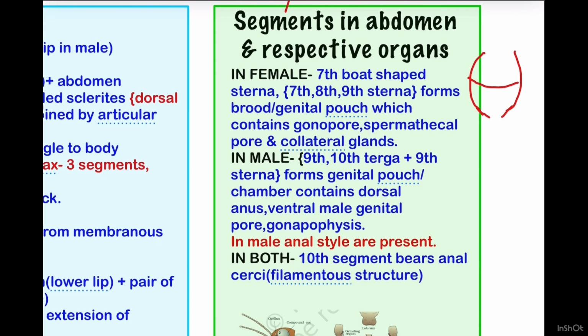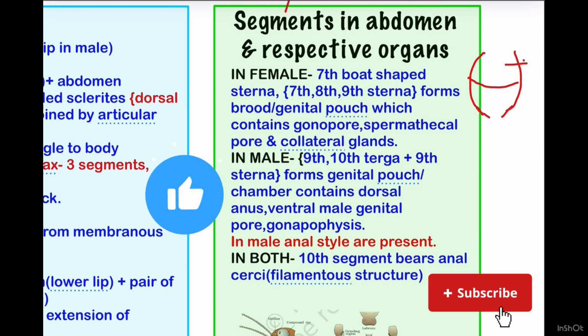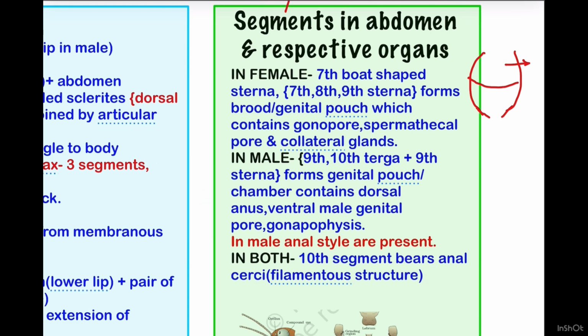The anterior portion is the genital chamber. At this region, the gonopore, the collateral gland openings, and the spermathecal pores are seen. All these pores open at the anterior portion, the genital chamber.